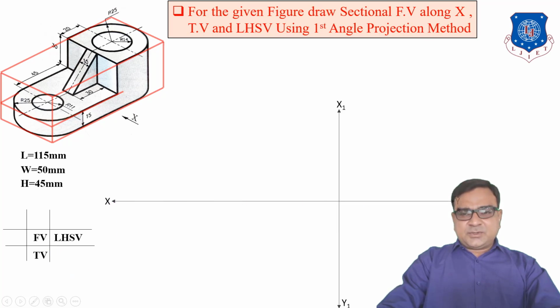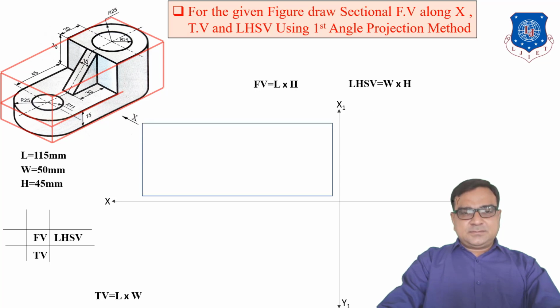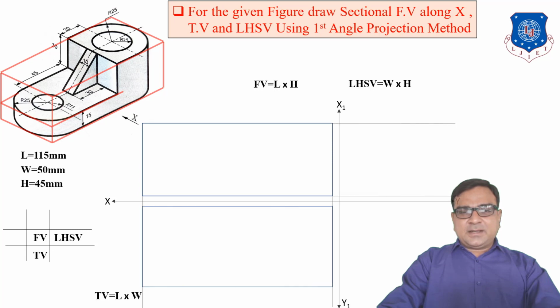So first of all draw one XY line and a perpendicular X1 Y1. Front view represents length and height, top view represents length and width, and side view represents width and height of the object. Draw three rectangles using length, width and height, and by using 45 degree lines.